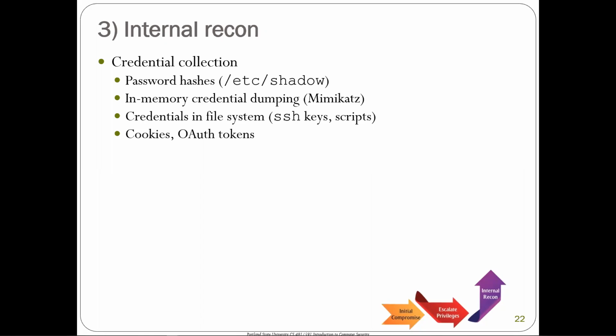You could do in-memory credential dumping. If you are on a system where the credential verification is being done by a process, which it usually is, that process has to have those credentials somewhere in memory unencrypted. So you can go directly access those memory locations, especially after you have elevated your privileges.